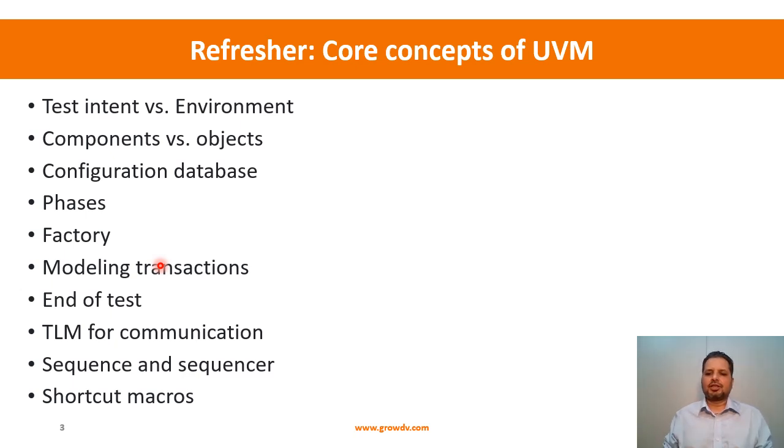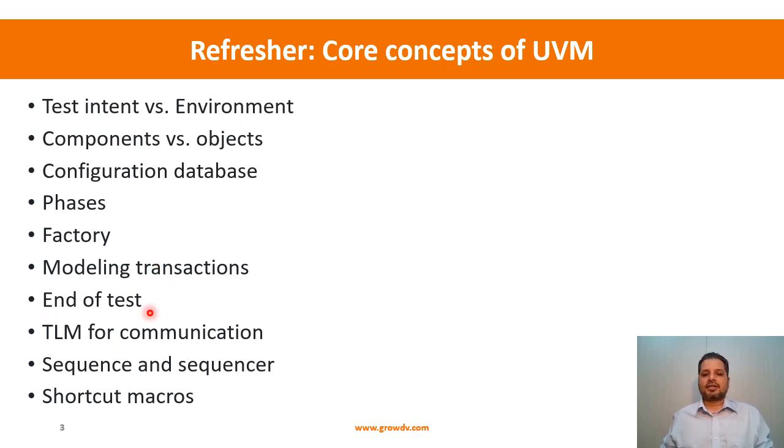Otherwise, if you put everything together, it becomes very hard to absorb. So modeling transactions we will see briefly over here, but we will look at it much more in depth when you do the APB master agent after this particular session.